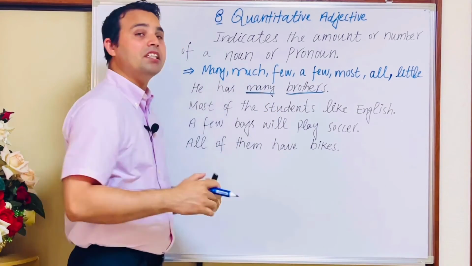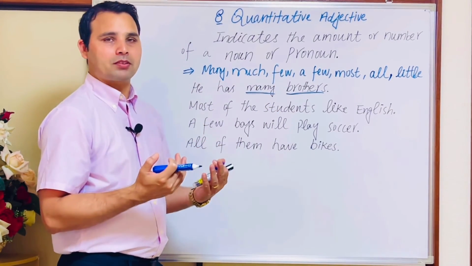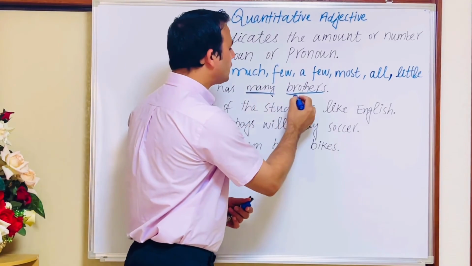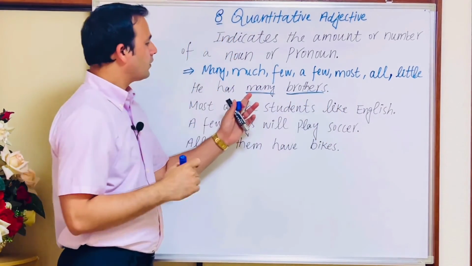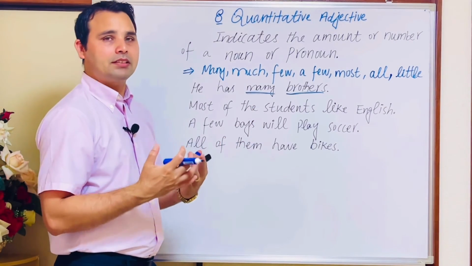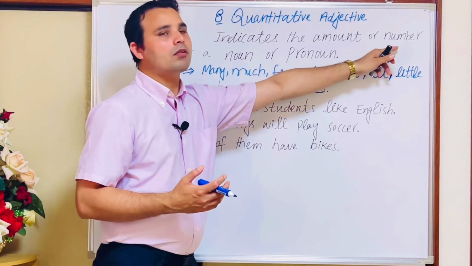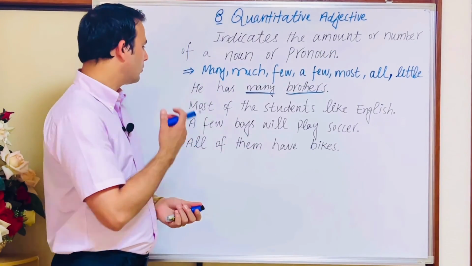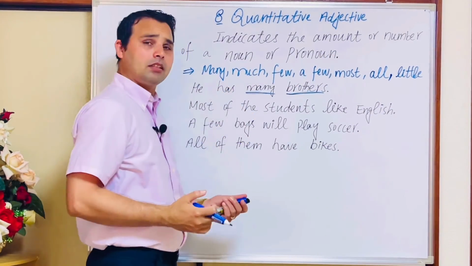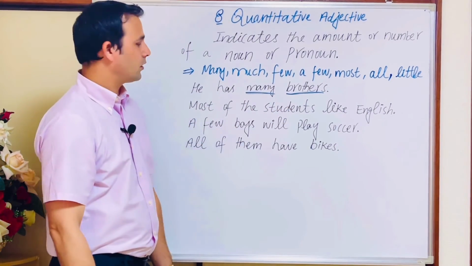Like many, it's showing a huge number of brothers. So this is our noun, and the word many will be called a quantitative adjective because it's indicating the number of the noun.